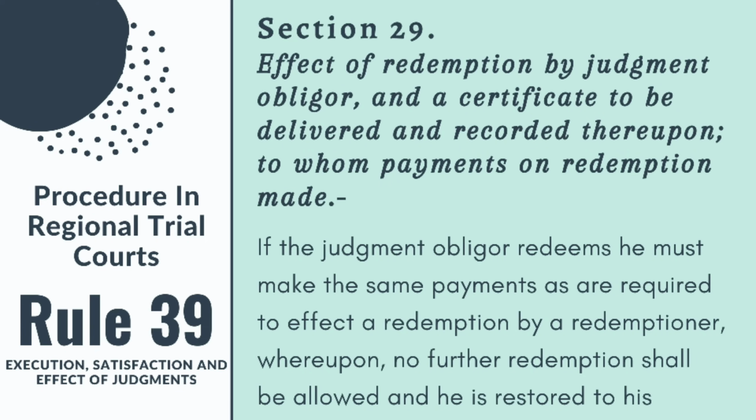Section 29. Effect of redemption by judgment obligor, and a certificate to be delivered and recorded thereupon, to whom payments on redemption made. If the judgment obligor redeems, he must make the same payments as are required to effect a redemption by a redemptioner, whereupon no further redemption shall be allowed, and he is restored to his estate.